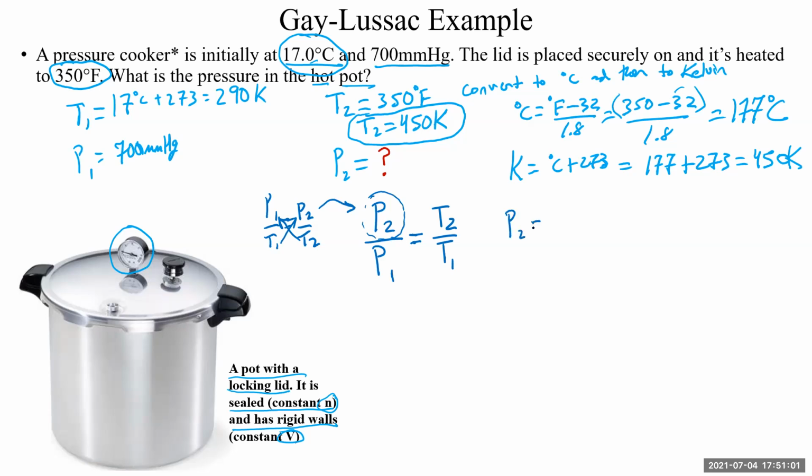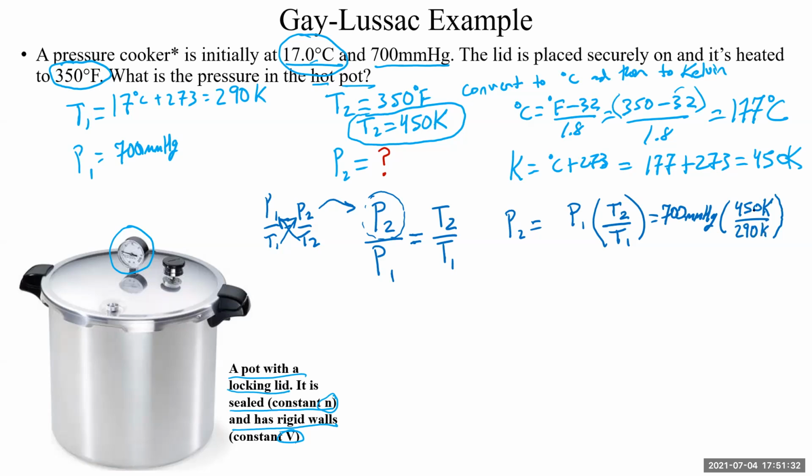So P2 is going to equal P1 times T2 over T1. That's going to equal my P1, 700 millimeters of mercury, multiplied by T2, which is 450 kelvins, divided by my T1, which is 290 kelvins.